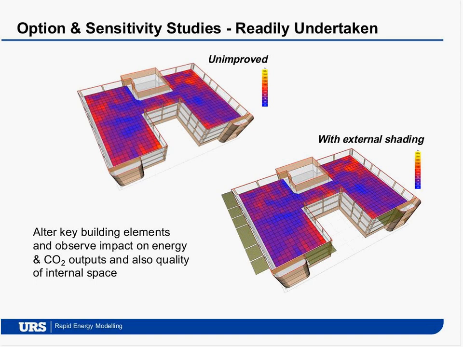And the coloured cells on the floor indicate levels of daylighting. What we could see before in the unimproved model was that we had some quite high levels of daylighting, basically glare and discomfort, and the glazing option has mitigated that. So it looks at the quality of the environment in the building, so it's a quite flexible tool.